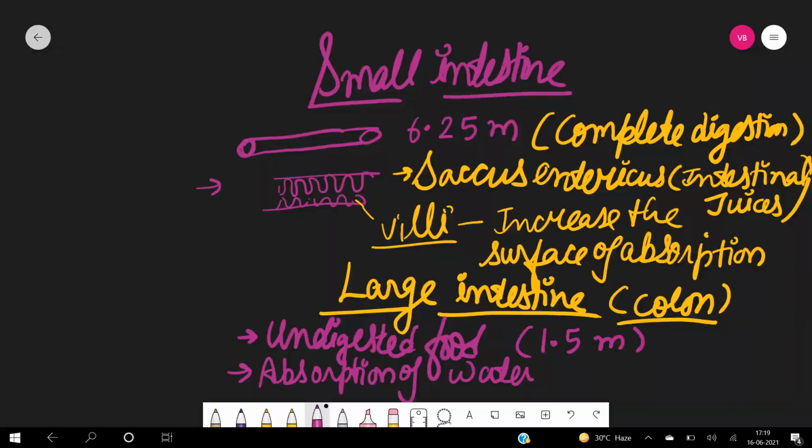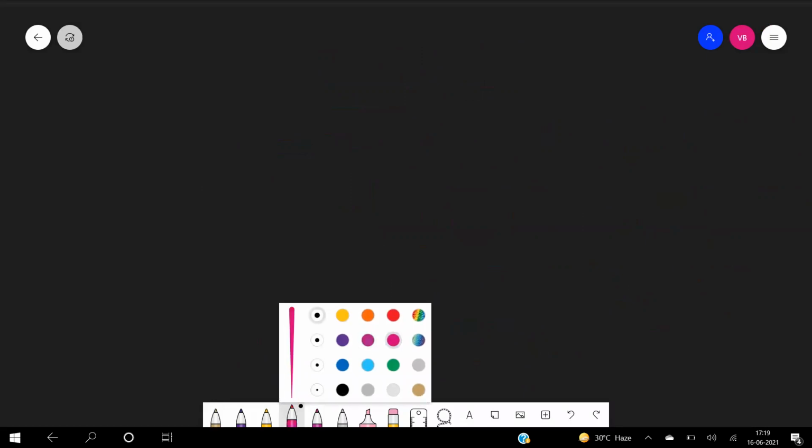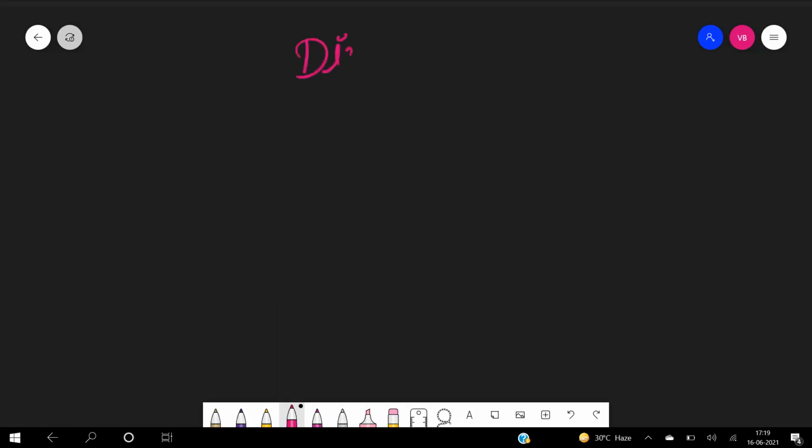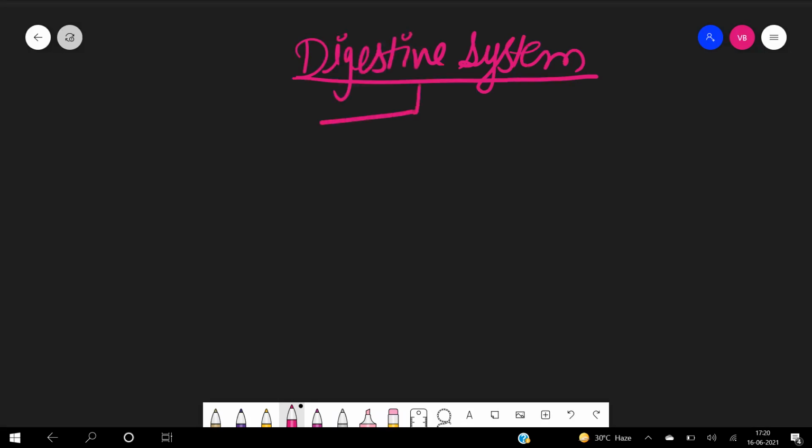When I labeled the diagram, at that time I labeled two other organs also, that is liver and pancreas. They are actually glands. The digestive system completes the digestion with two things. So what are the two things?